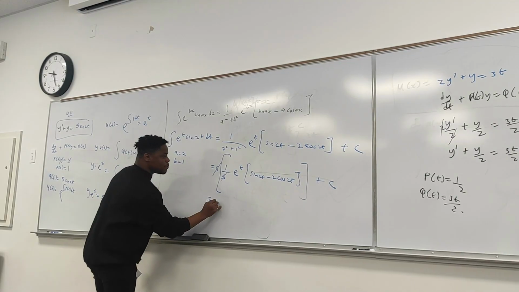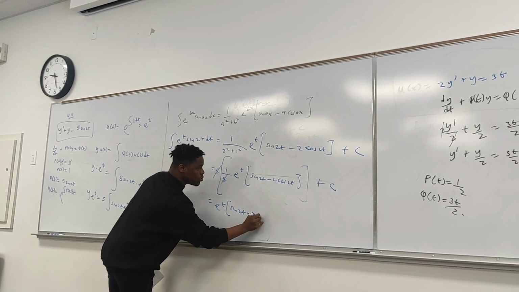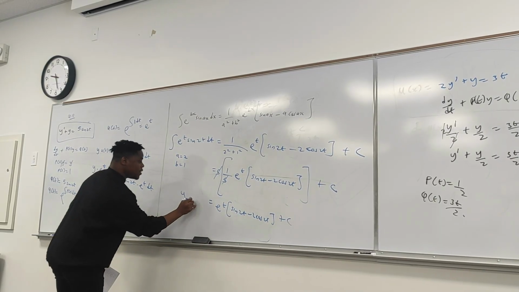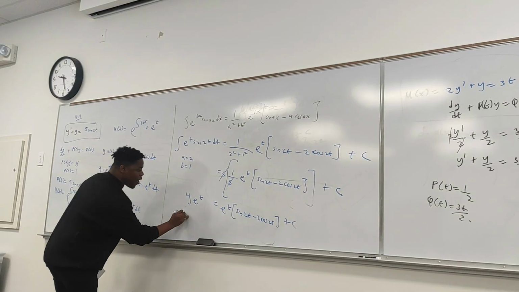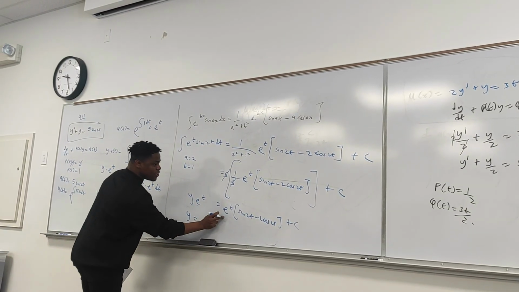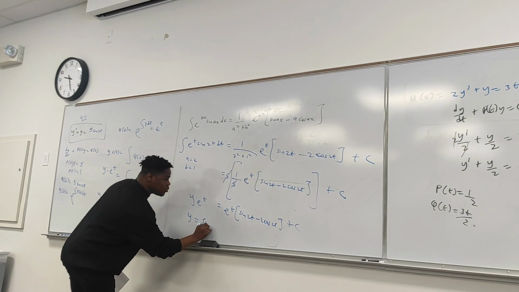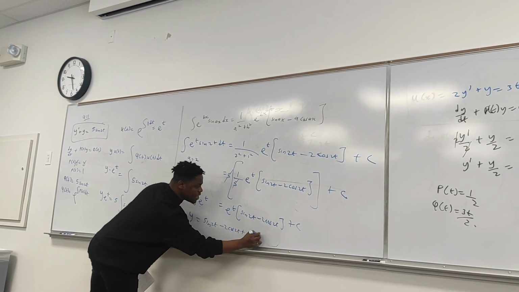So we have exponential t sine 2t minus 2 cos 2t plus c, and that is y exponential t. So we're looking for y. So y becomes, this exponential t, we get rid of this, and this becomes exponential minus t, right? Yeah. Sine 2t minus 2 cos 2t plus c exponential minus t.